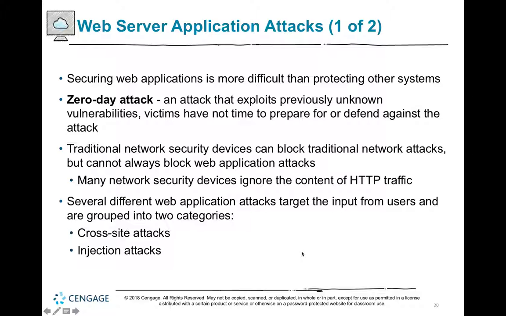So traditional network security devices can block traditional network attacks, but they can't always block web application attacks. If you think of a firewall, a basic firewall is going to block traffic to your user systems, right? Your user systems should not be accessible to the internet at all.